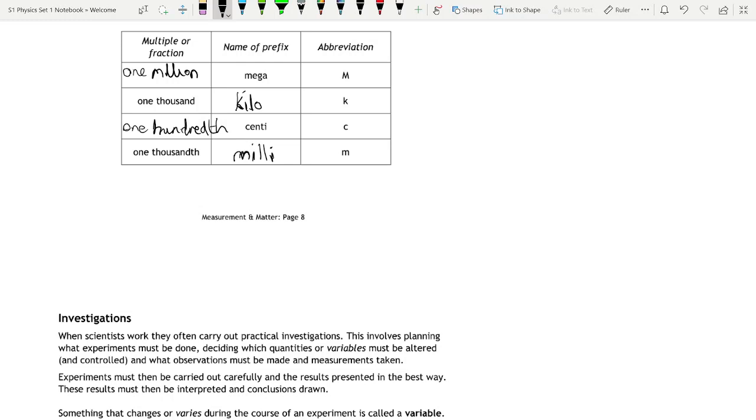So things that are different. Or how do things change when you change something else? In your experiment, you always have to think about what am I doing, what am I changing, and what's changing because of it.